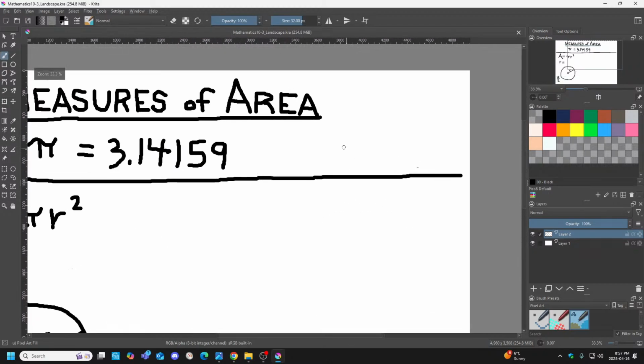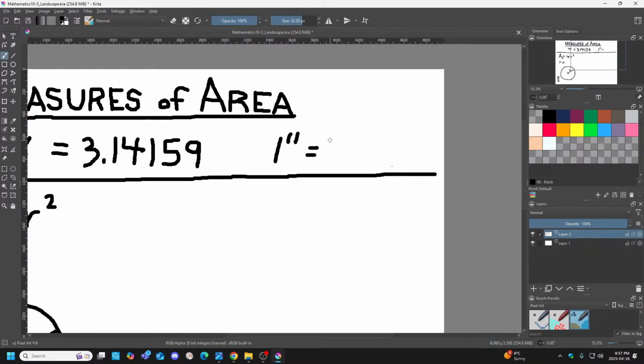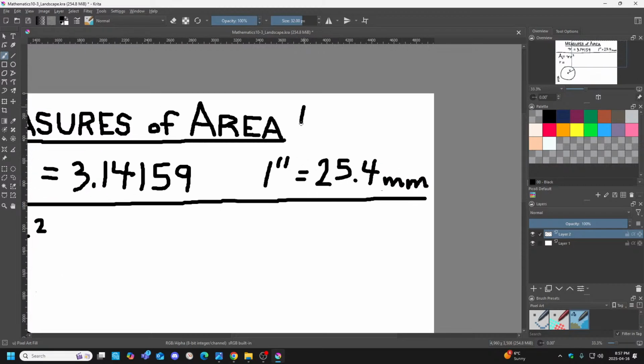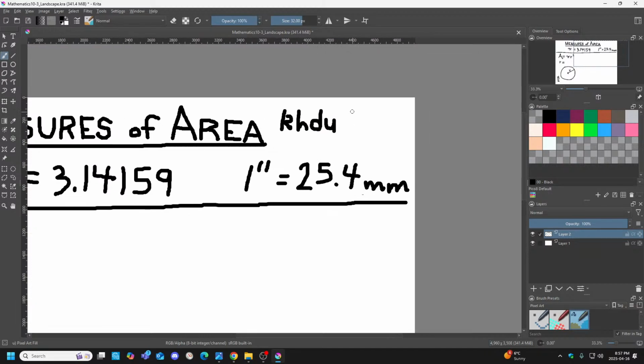Okay. 1 inch equals 25.4 millimeters. Kids help Dad until Dad calls Mom.